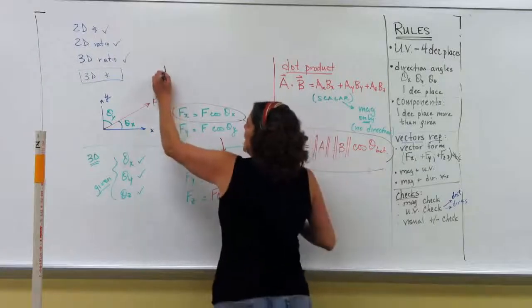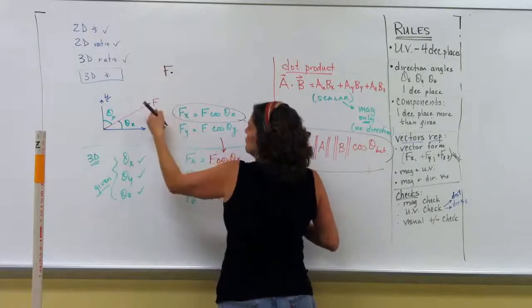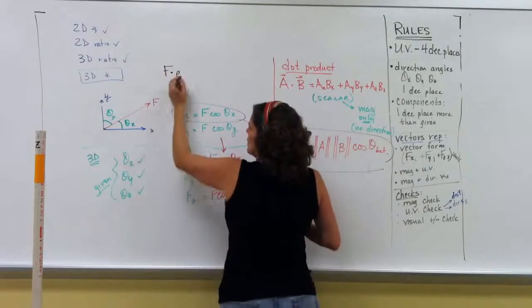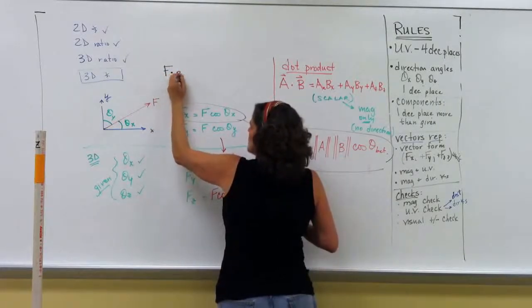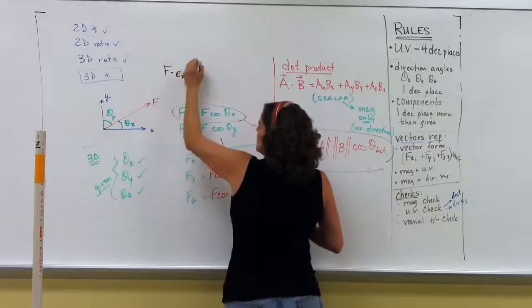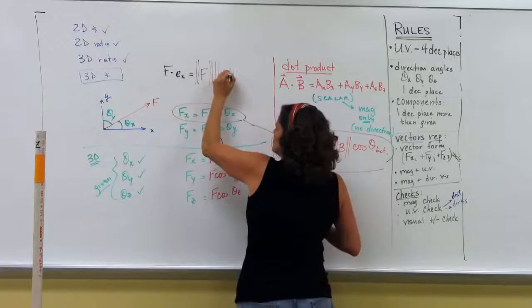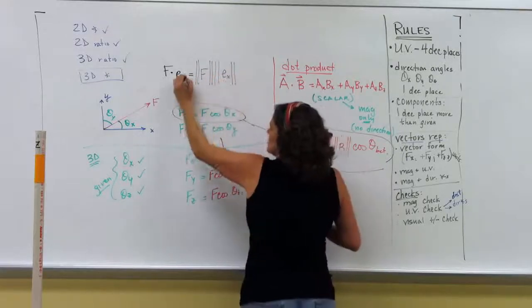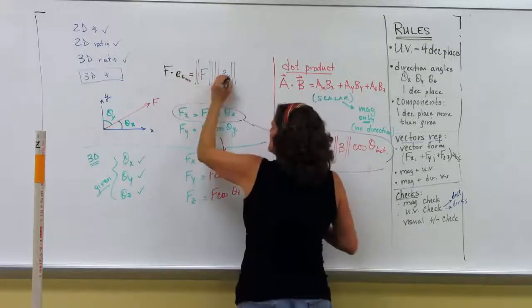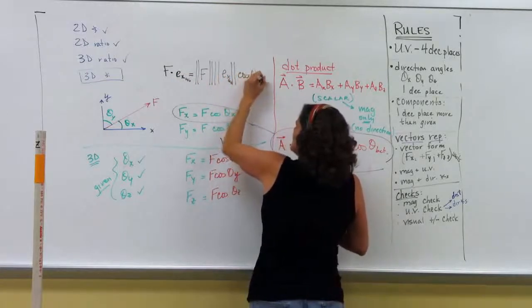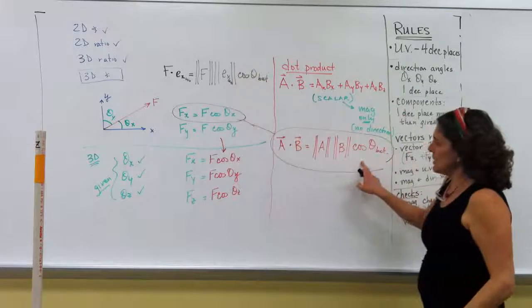So if I dot the force with the unit vector along the x-axis, wouldn't it be the magnitude of the force times the magnitude of the unit vector, let's call this x-axis, times the cosine of the angle between, based on the dot product.